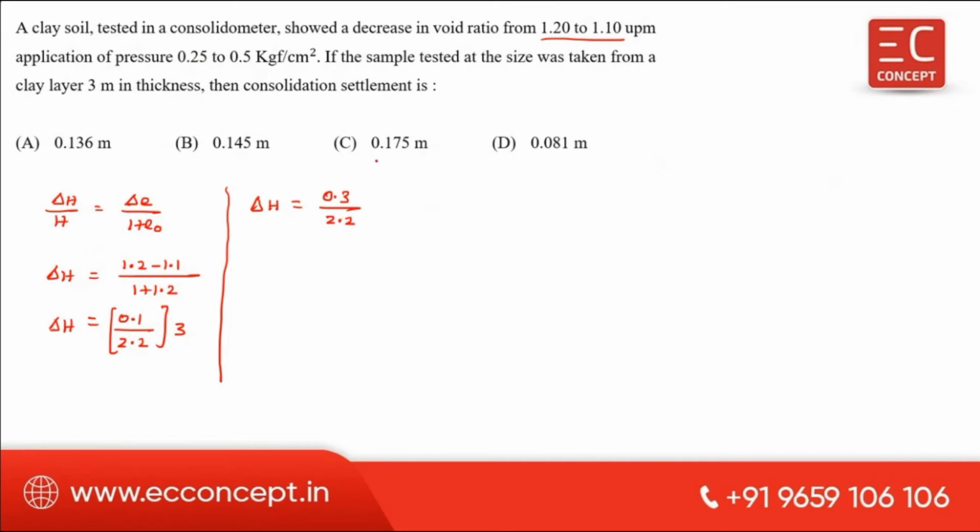You can write this is approximately 3 divided by 22, which is approximately 1 by 7.33. So delta H is equal to 1 by 7.33, which is equal to 0.136 meter. So answer for this question is this.